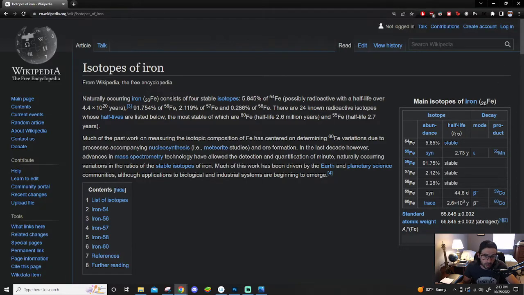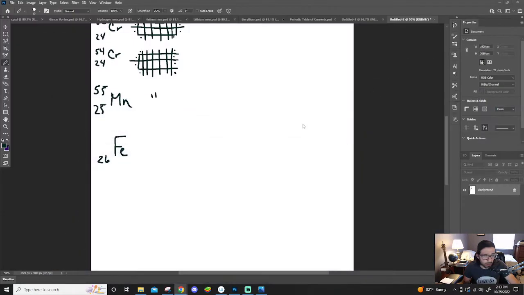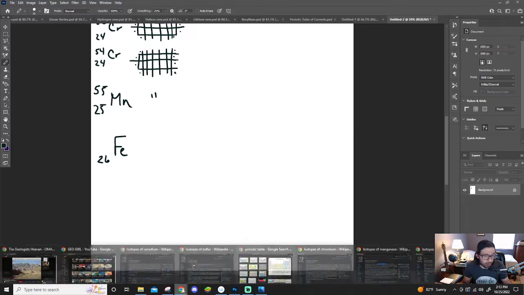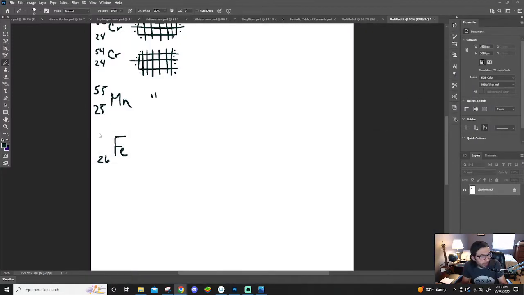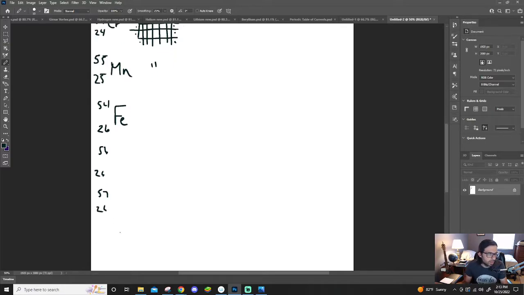It's also high up in the sequence of neutrons, where it's likely where more eddies will be forming at that point, so that it just becomes cobalt instead. Okay, so its isotopes are 54, 56, 57, and 58.